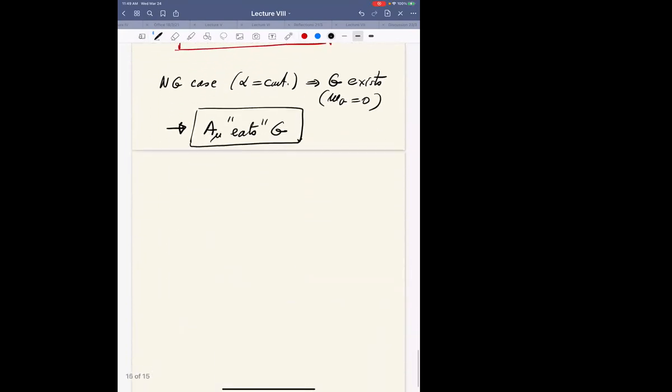Okay. So in other words, G becomes a longitudinal component of A. That's very important.